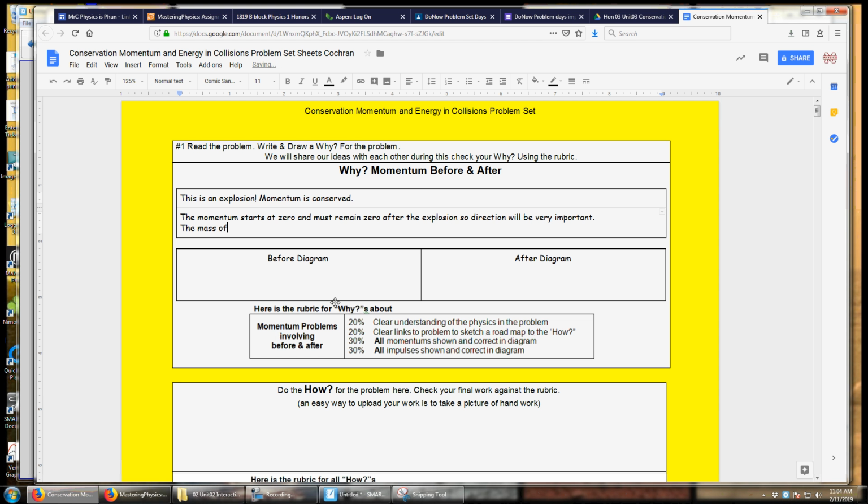I should probably put I predict. The mass of Canoe 2 is more than twice the mass of Canoe 1. We'll have to see if that works out.